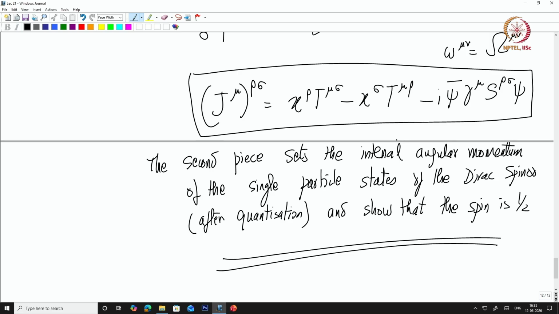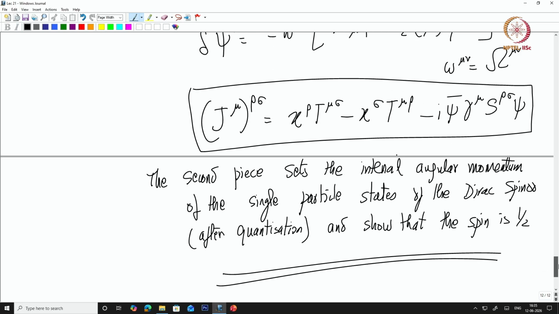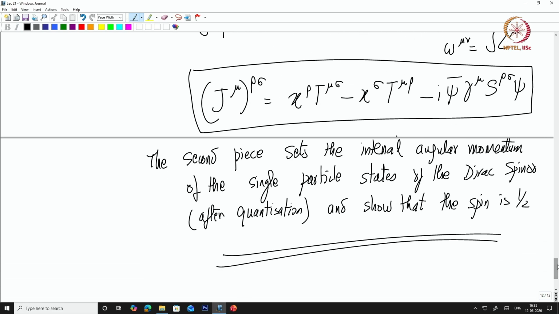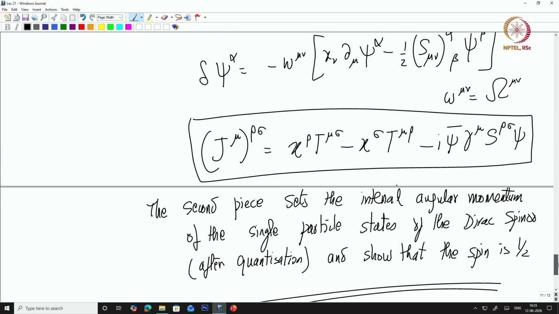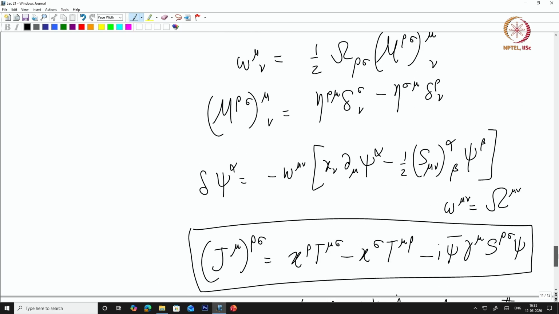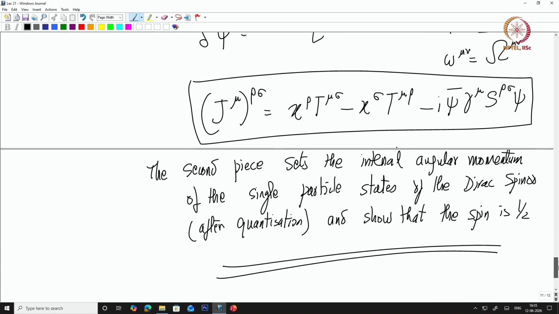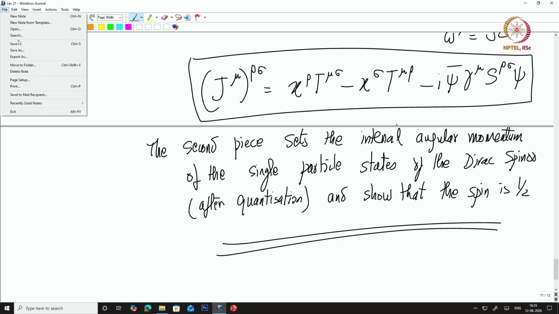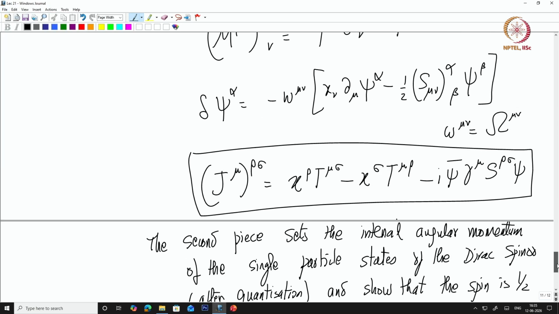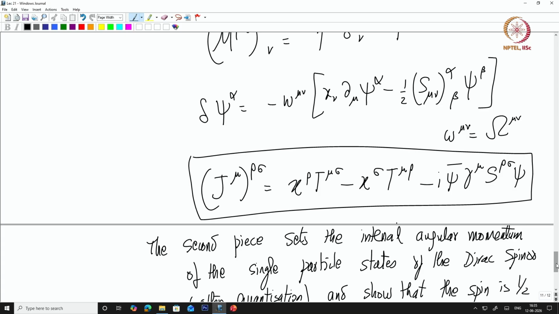Okay, so we will stop here. We will see that there are various ways of looking at how the Dirac spinor gives you a spin half particle. This is just a conserved current under Lorentz transformations, and from there we can see that, or we can just see the Clifford algebra representations. And you have already seen this part in the previous lecture, where we showed that the Dirac spinor should be spin half because it transforms under the SU(2) as (1/2, 0) and (0, 1/2).